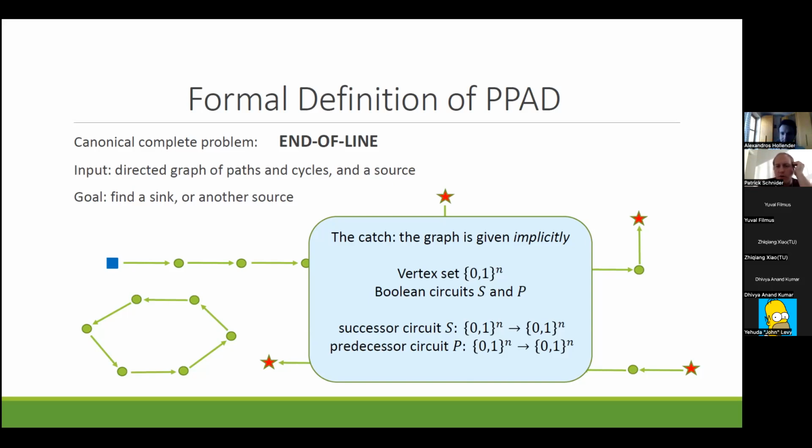So in theory, you're allowed to do with these circuits whatever you want. I give you the code of the circuits, the full representation of the circuit, so you can look inside, look at the gates, you can do whatever you want. Yes, exactly. If these things were represented as black boxes, oracles that you could just query, then it's easy to show an exponential query lower bound.